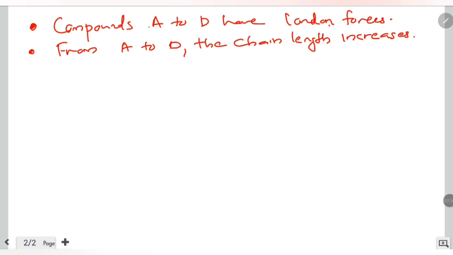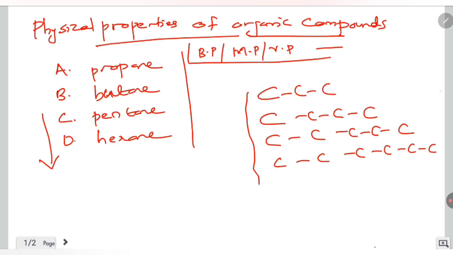So how do you relate chain length with intermolecular force? We can say as the number of carbon atoms increases, or as the chain length increases, the strength of the intermolecular force also increases. So if you look at compound D, that is the one with the longer chain, which means compound D has a stronger intermolecular force, isn't it?